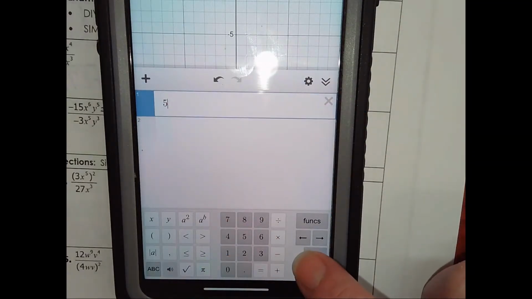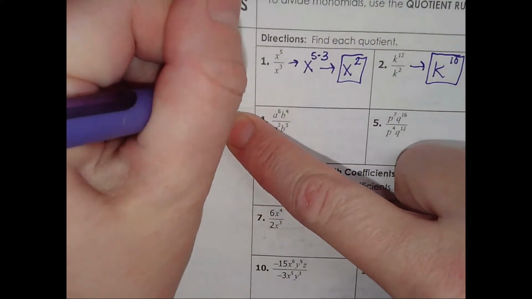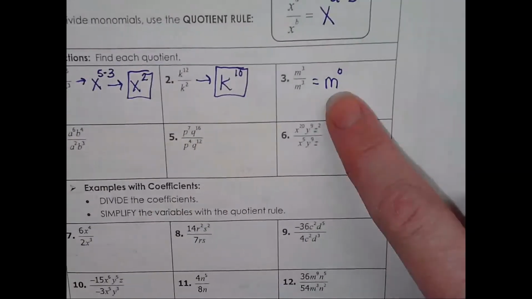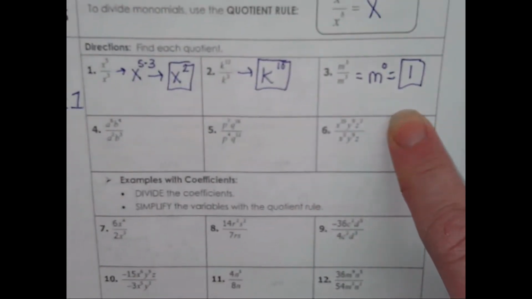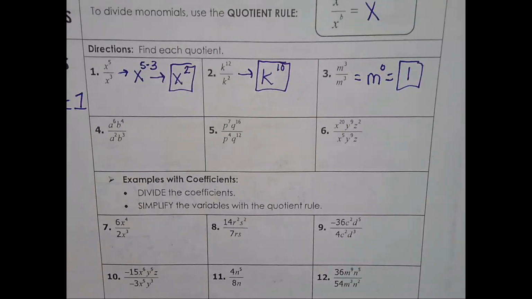No matter what, anytime you raise something to the 0 power, it's 1. So here, if we have m to the 0, something to the 0 power, it's 1.